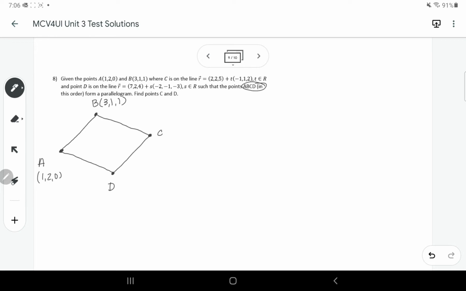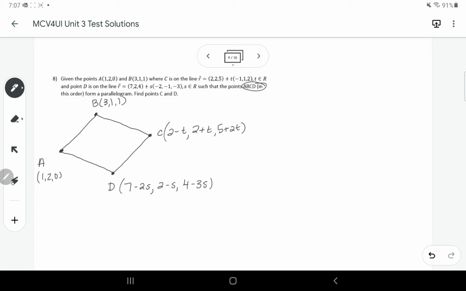Now, I'm going to write point C using the parametric form of the line that it's on. So the C would be 2 minus T, 2 plus T, and 5 plus 2T. And then D, similarly, using the line that it's on, would be 7 minus 2S, 2 minus S, and 4 minus 3S.